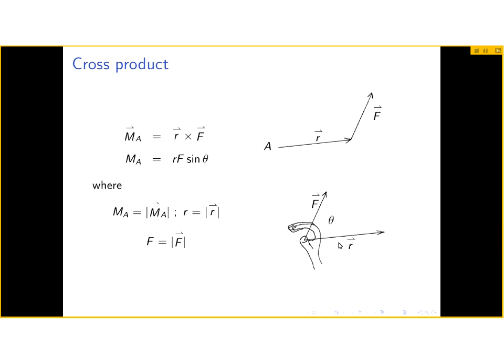Now, this direction can be determined by applying a right-hand rule. The direction of the cross product is defined by a right-hand rule. What do I mean by this?